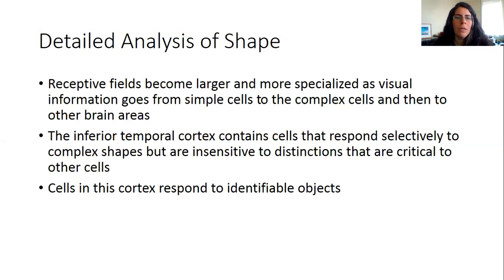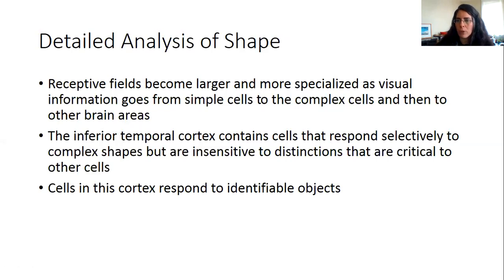Okay. So again, receptive fields become larger and more specialized as we move from simple cells to complex cells and then to other brain areas. The inferior temporal cortex contains cells that respond selectively to complex shapes.